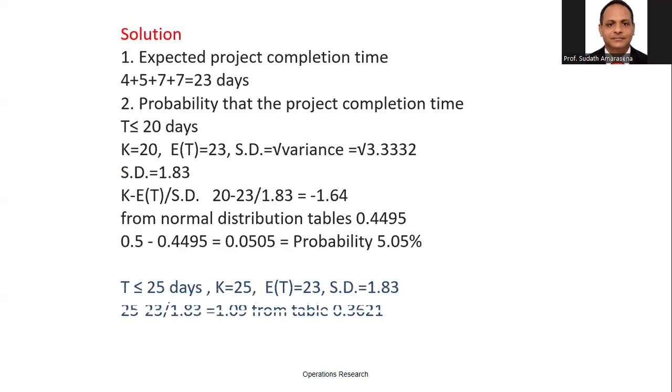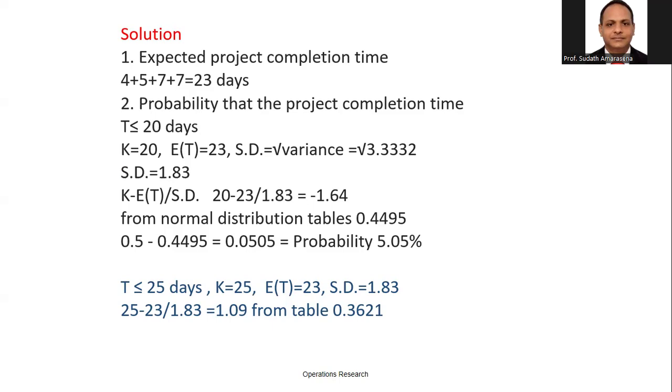Now you can see that first I do the calculation for within 20 days. But purposely I started from the 25 days, because the very first time I am going to explain, the minus values are not good. That's the reason I skipped and explained the within 25 days first. But in the answer here, you can see first I made the within 20 days: 20 minus 23 divided by 1.8203.